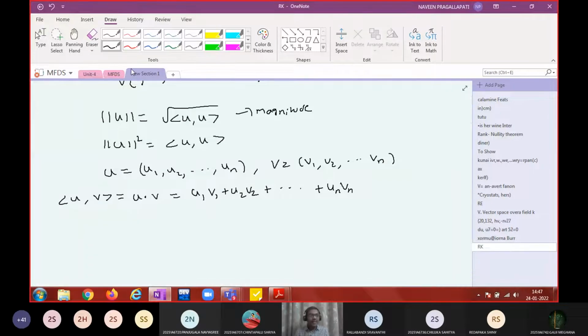So this is one way of defining the inner product. This kind of inner product applies for vectors of 2 dimensions, vectors of 3 dimensions, and is a generalization to vectors of n dimensions.